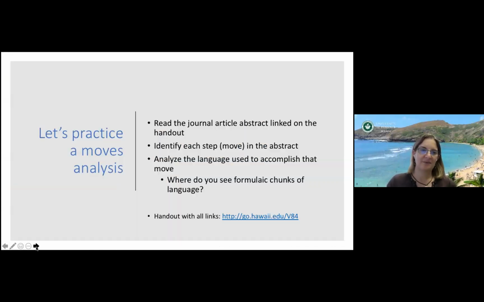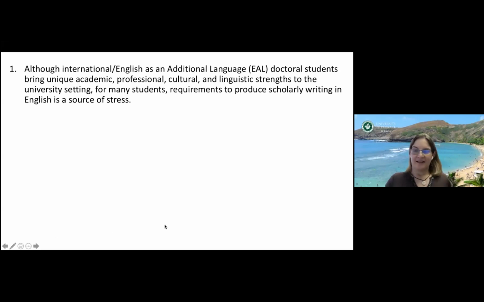All right, because this is a Zoom session and I can't see if anybody's actually reading or anything. Might all be checking your email. I have no idea. Type in the chat, what do you see?